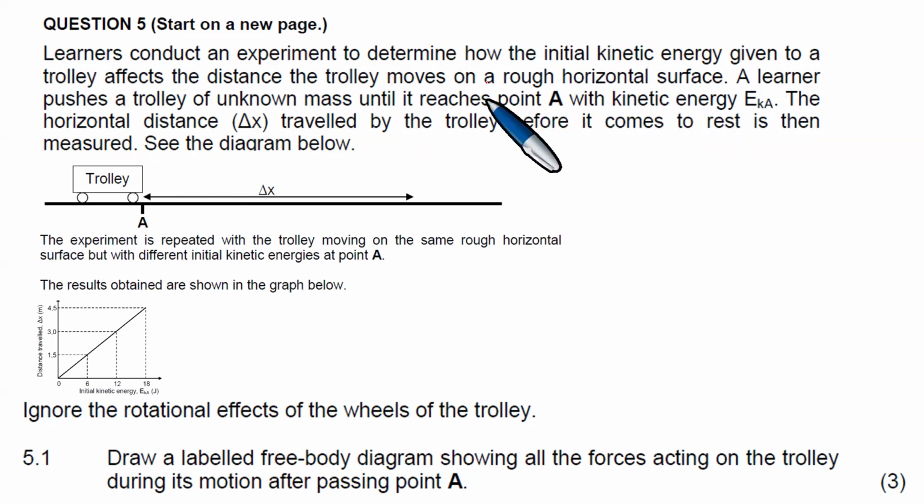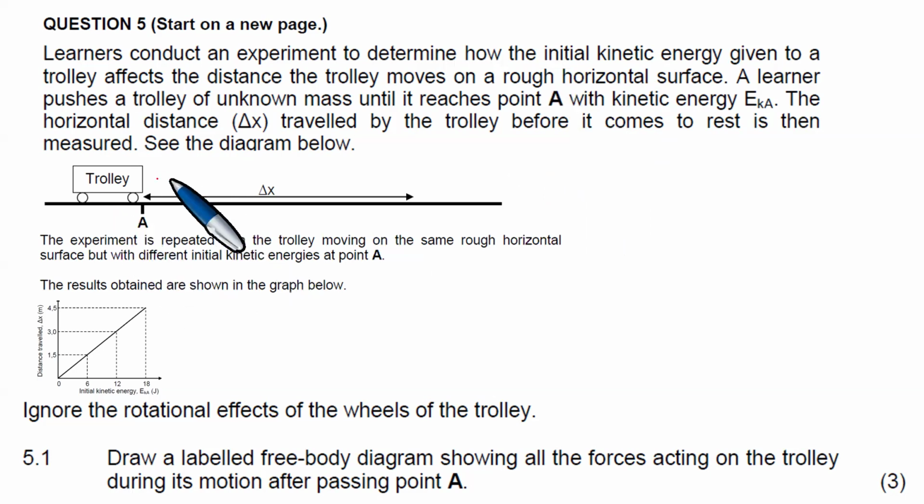Now it happens that you give a trolley some kinetic energy. What is kinetic energy? What form of energy is kinetic energy? It's energy in motion. It's energy possessed by a moving object. So now you push the trolley a little bit.